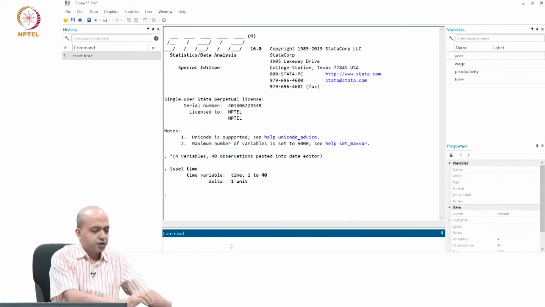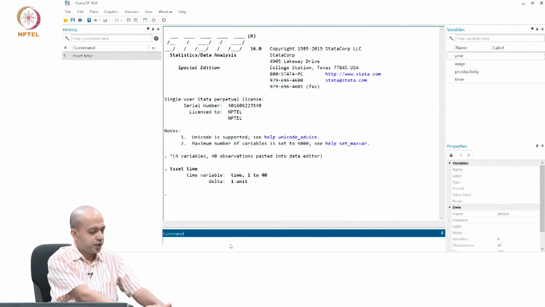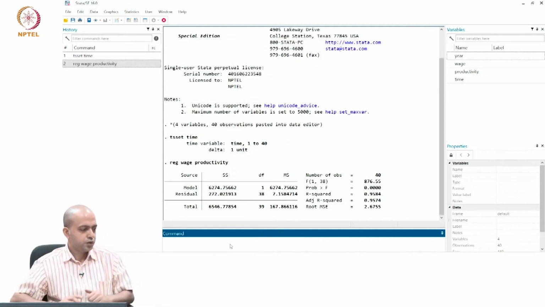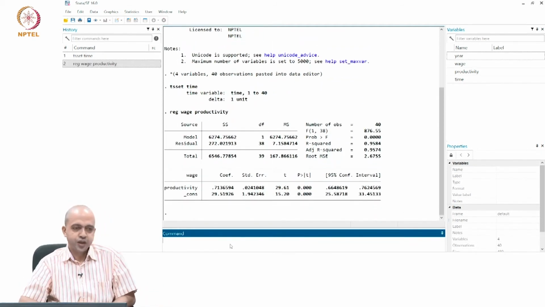Okay, all right. Now we will estimate the model: reg wage productivity. And see, your productivity is highly significant because the p-value is 0.000.